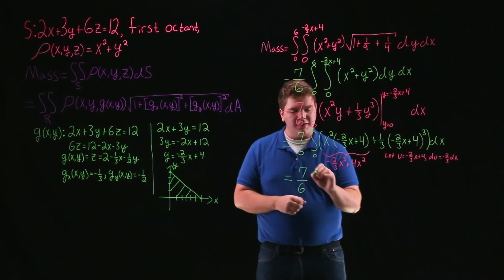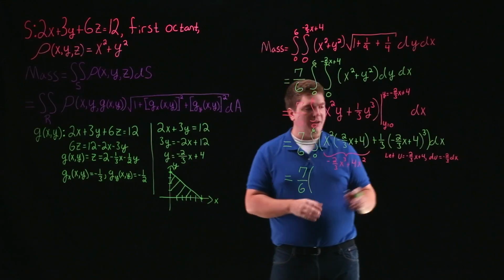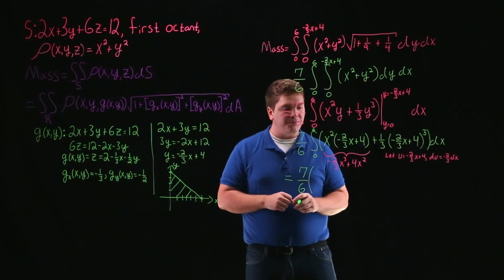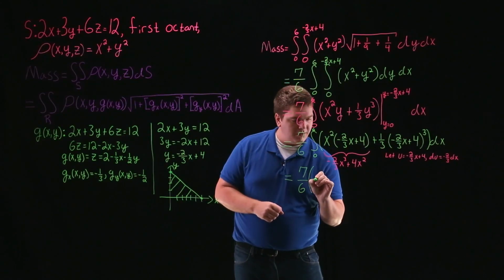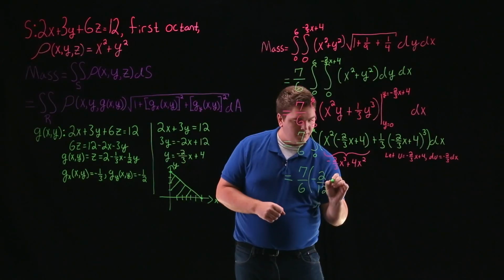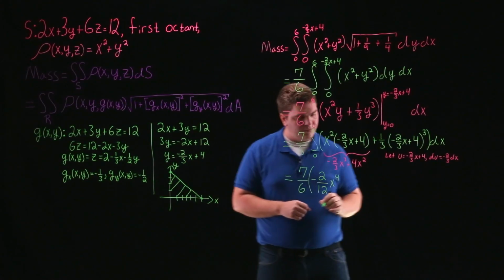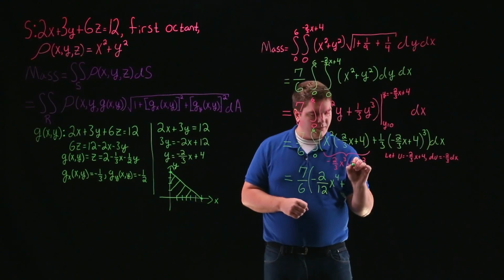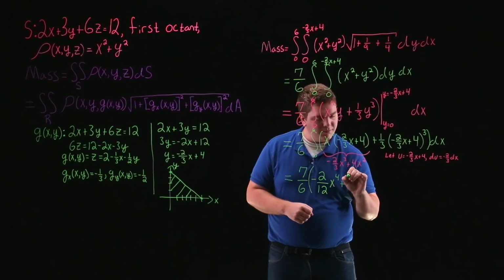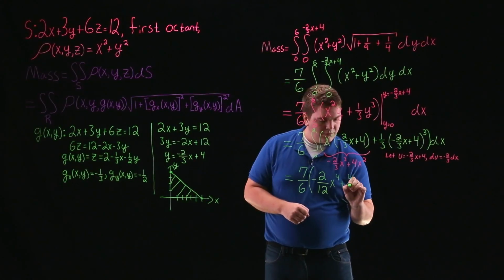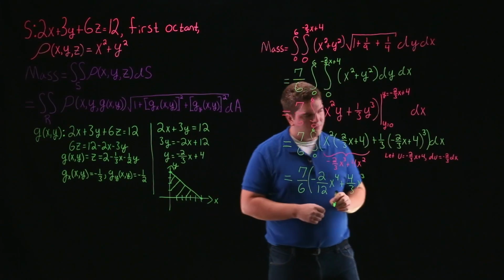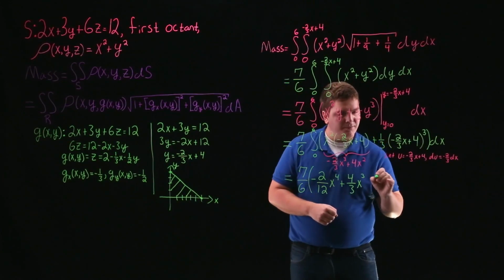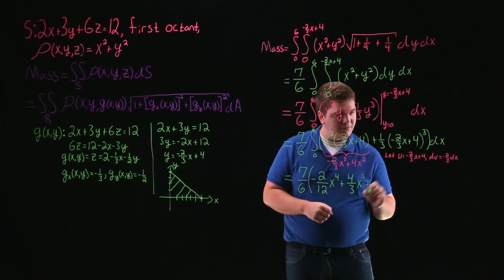So now we just have to perform this integration. So this is going to be 7/6, and we're going to multiply everything by the 7/6. So integrating here, we'll have a negative 2/12 x to the 4th plus a 4/3 x cubed. Integrating here, we'll have a plus.